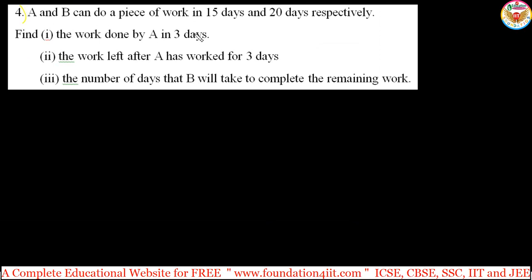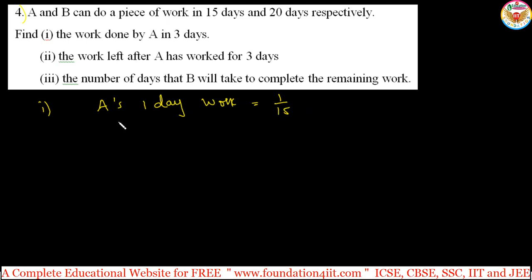A and B can do a piece of work in 15 days and 20 days respectively. Find the work done by A in 3 days. So for the first one, A's 1 day work we can find out, because A can do the work in 15 days. So in 1 day he'll do 1 by 15th part of the work.